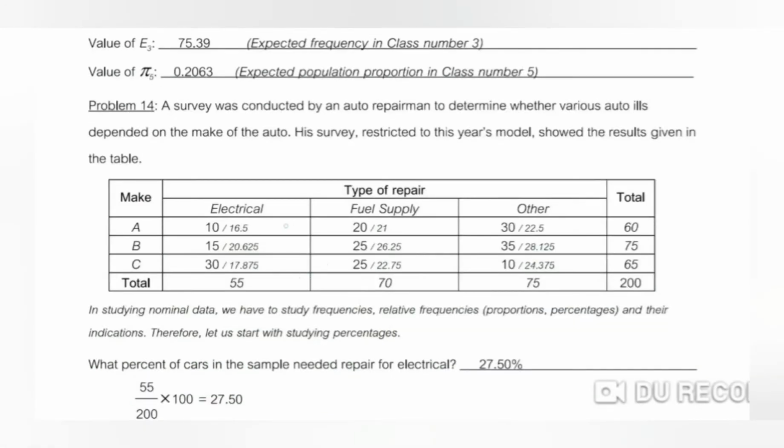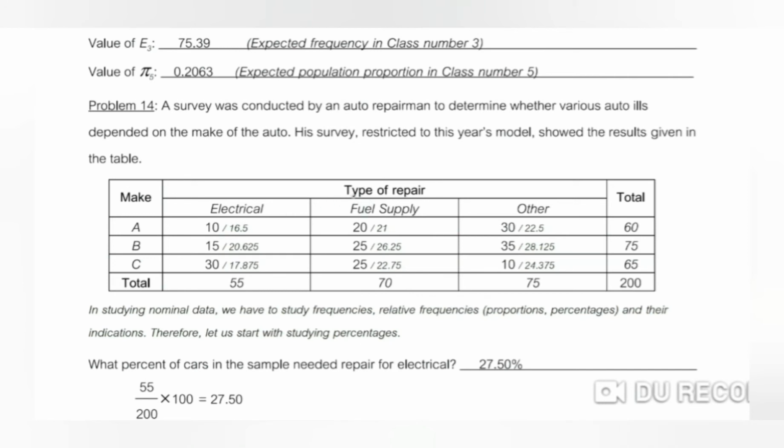In problem 14, the contingency table is given. The two variables are make here in the table. Make variable has 3 values, A, B, C. Make A, make B, make C of the auto.